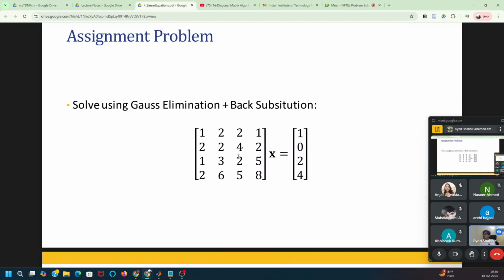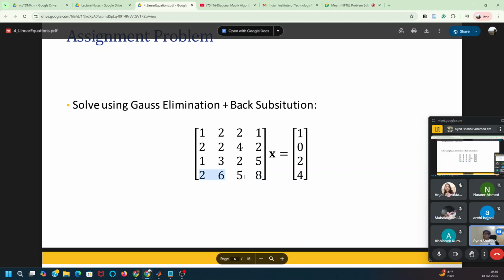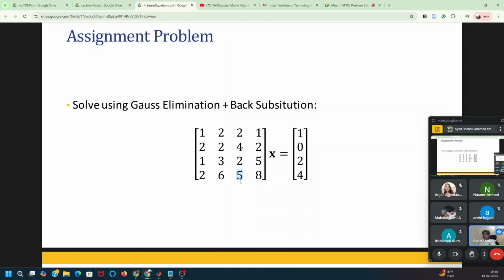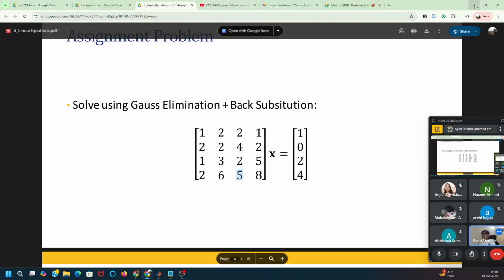Because this is a 4 cross 4 system, again I have to make this also 0, so I have to take this row and do some row operations so that this element becomes zero. So that is what we do in Gauss elimination.